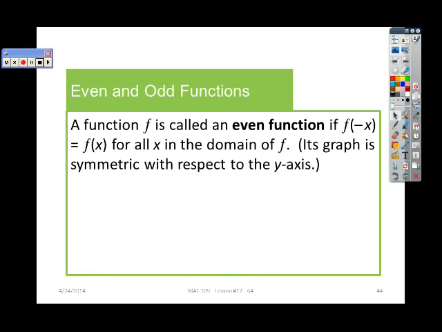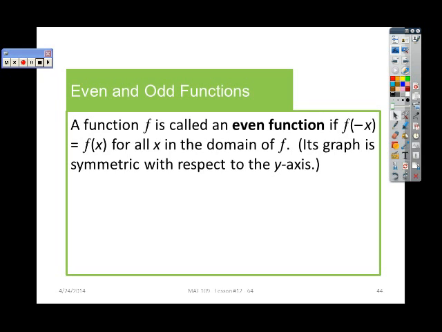Also related to these basic function shapes is something called even and odd. You know what even and odd are, referring to integers. In functions, an even function is defined such that if you put minus x in, you're going to get the same thing as if you'd put x in.